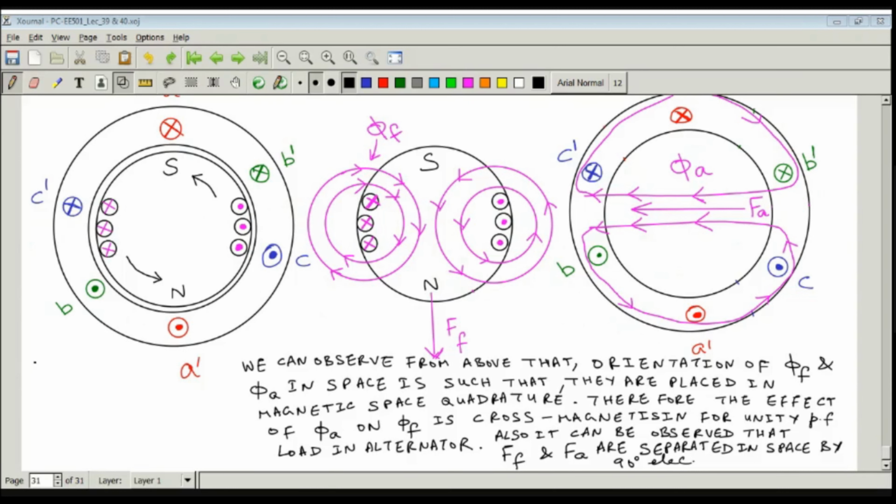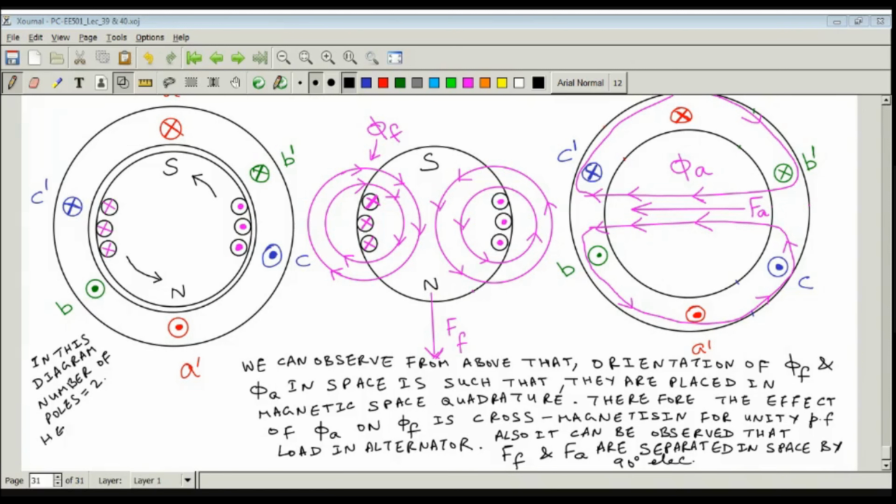So let me write here that in this diagram, number of poles equals to 2.